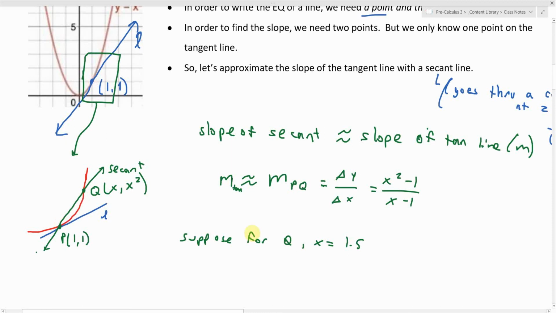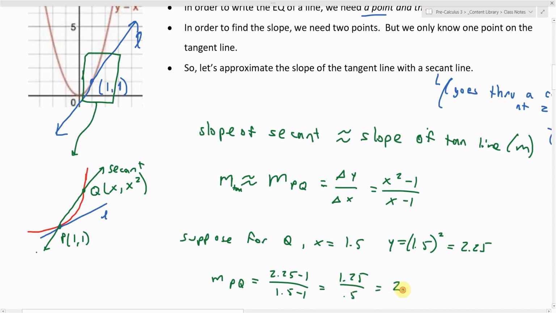So let's pretend that Q falls at x equals 1.5. Well, y would equal 1.5 squared, which is 2.25, which would mean that the slope of PQ is 2.25 minus 1 over 1.5 minus 1, which is 1.25 over 0.5, which ends up being 2.5.